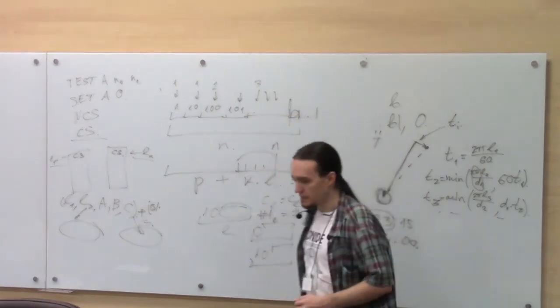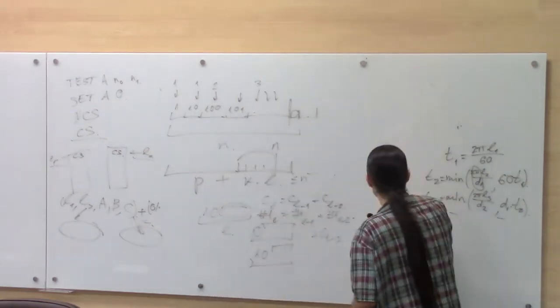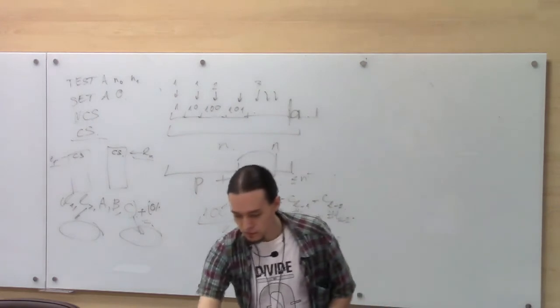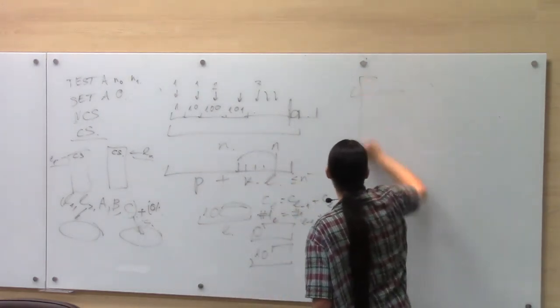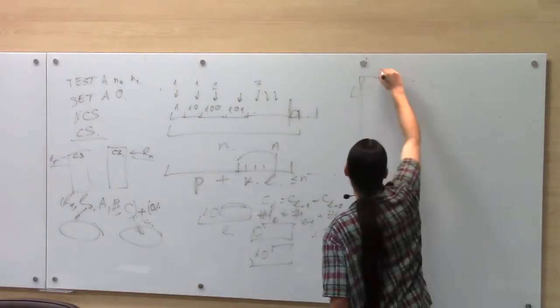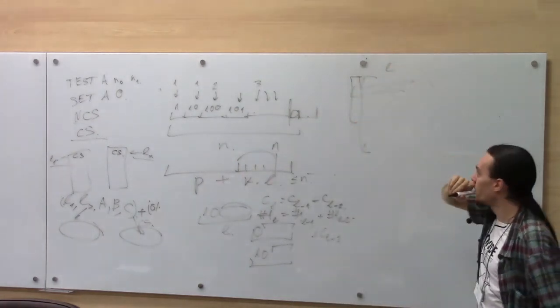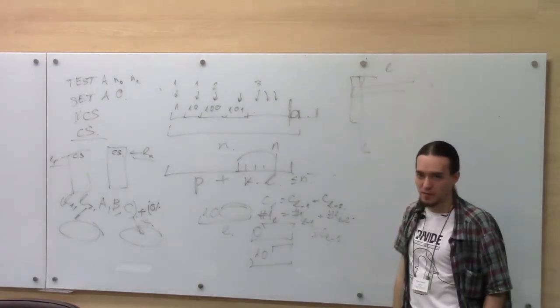Okay, and for the last one, we are going to use some recursion. So we have all the strings of length L, right? And we only want to know the number of ones in some prefix of that.